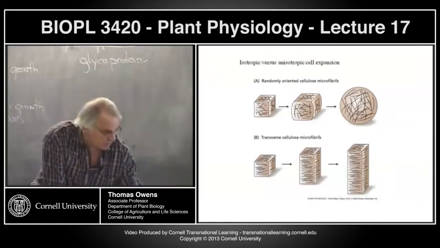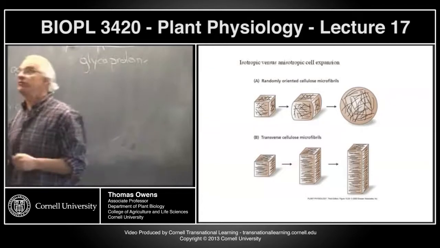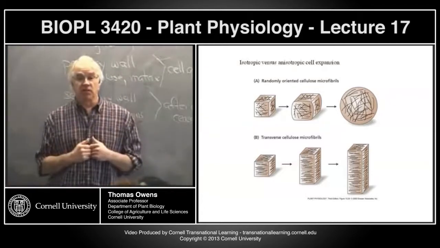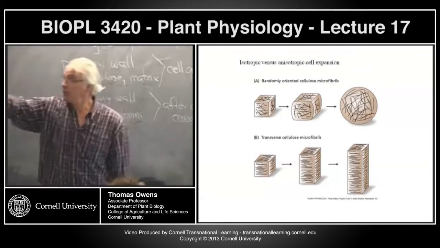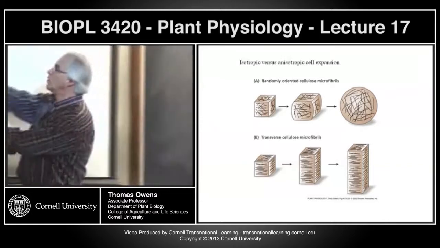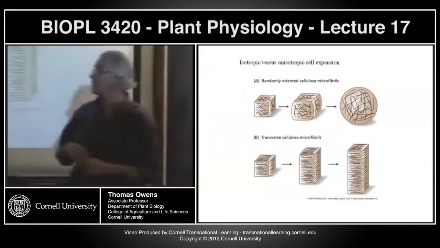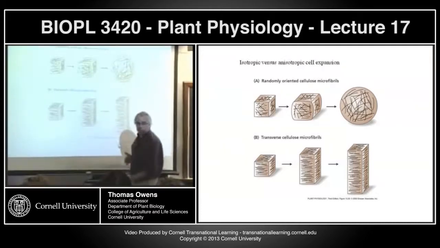Okay, so when we think about the irreversible changes in cell volume, the picture that we see is the same, because even though we can loosen up the interactions among the cellulose microfibrils, it still expands in a direction that's perpendicular more than parallel to the microfibrils.